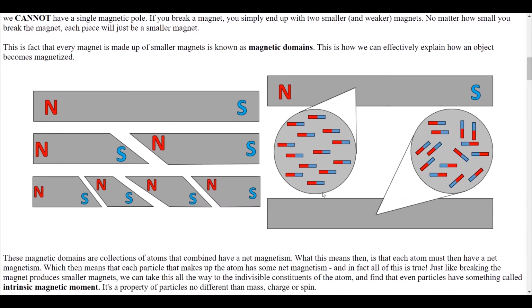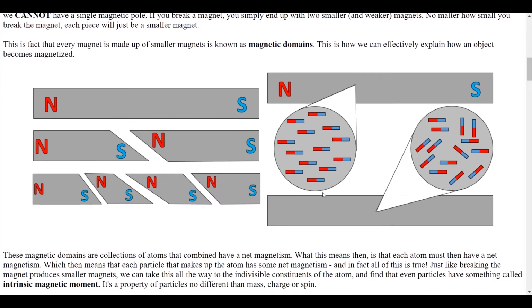You can think of them really just as being small magnets that make up something that's magnetized. If something isn't magnetized, just this random piece of metal right here, you can see that all these little magnetic domains are pointing in different random directions. But if you do have something that's magnetized, that's because all these magnetic domains are all pointing in the same direction.